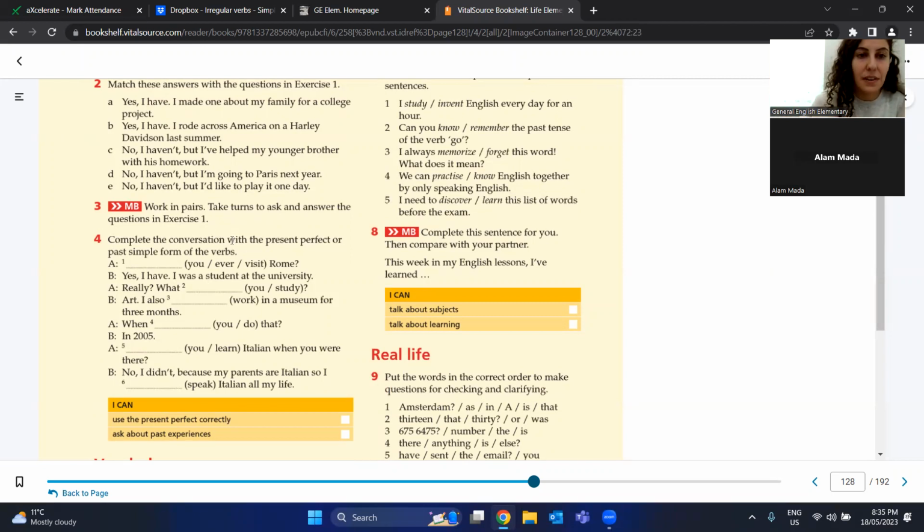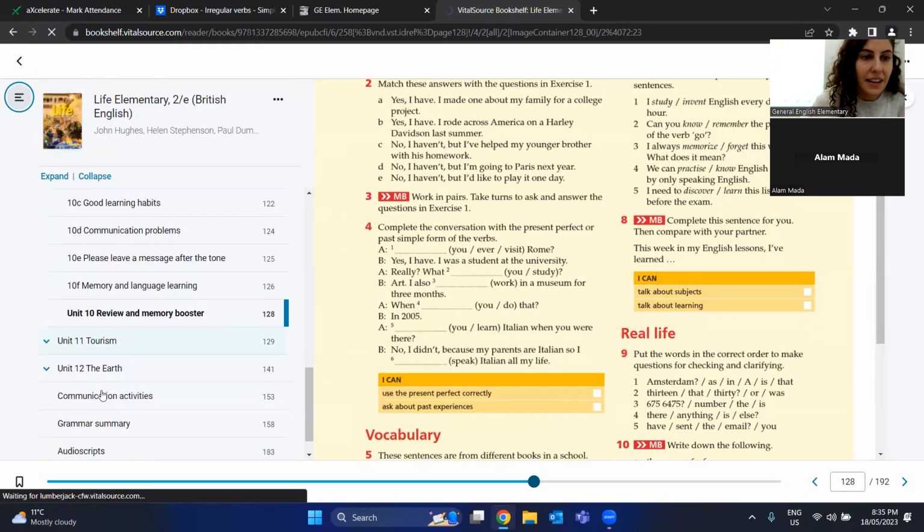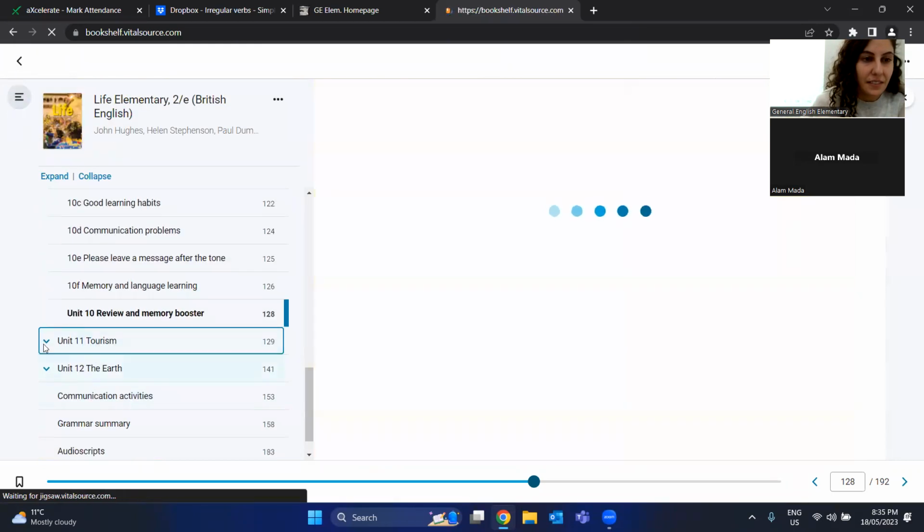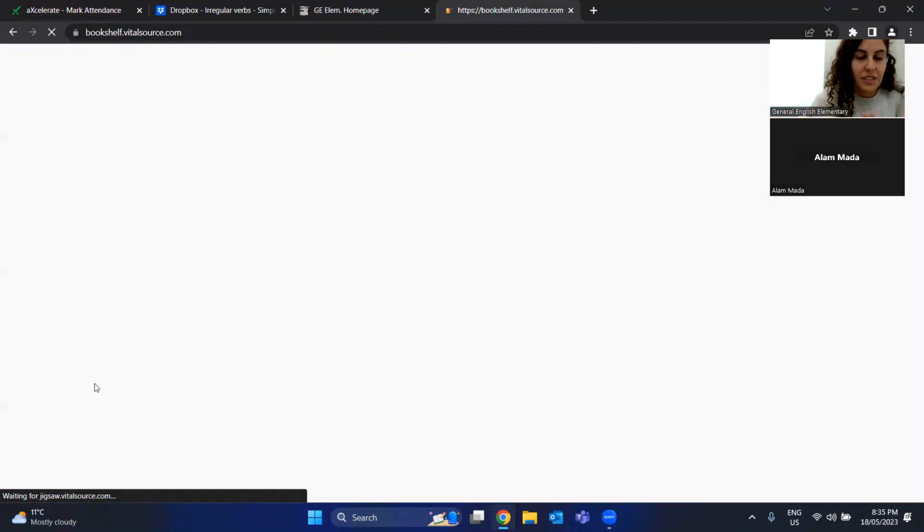Two different ways of using the present perfect or the past simple. So that was just a quick refresher of Unit 10.